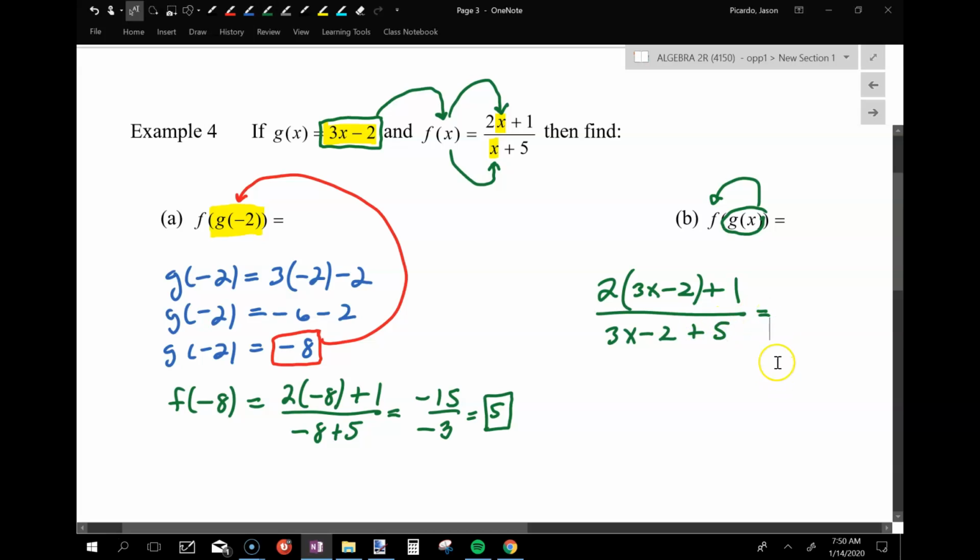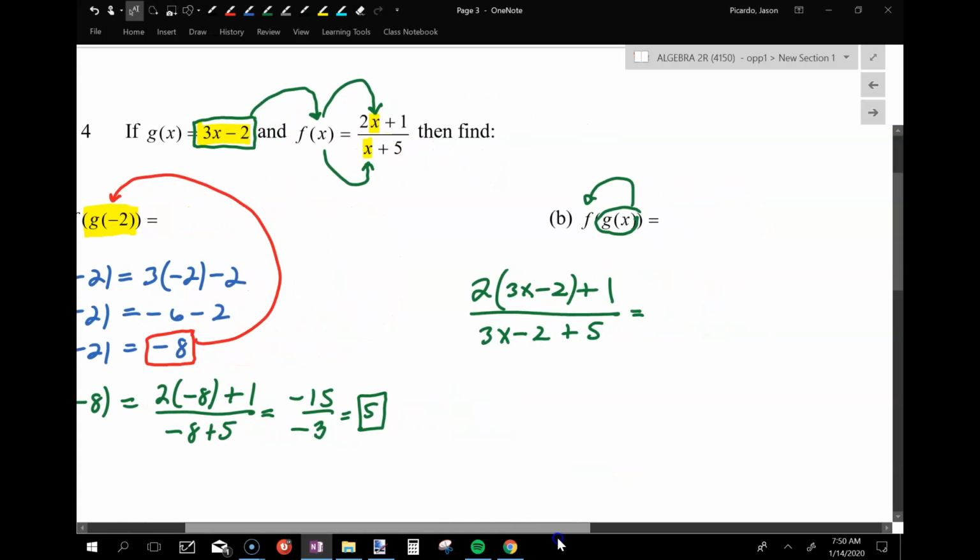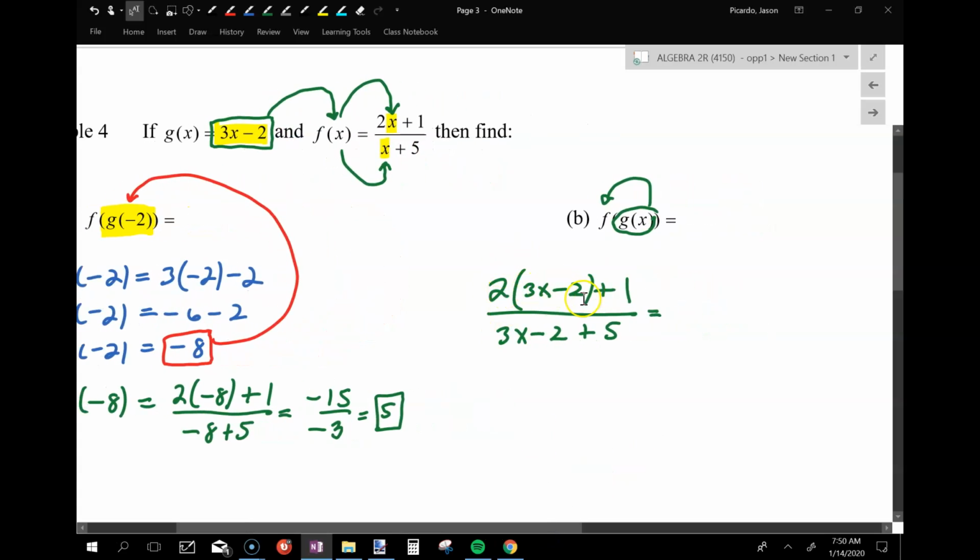Everybody cool with what I just did right there? What is this going to give me? It's going to give me 6x minus 4 plus 1, 6x minus 3, over 3x plus 3.